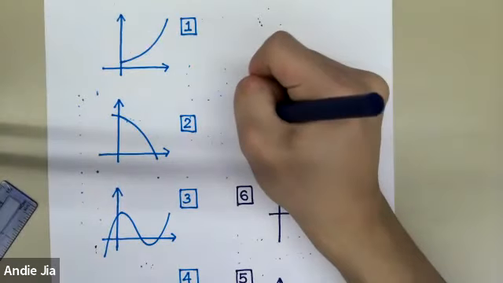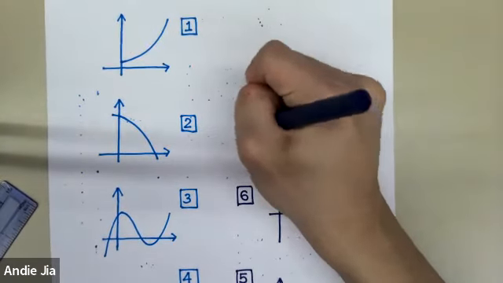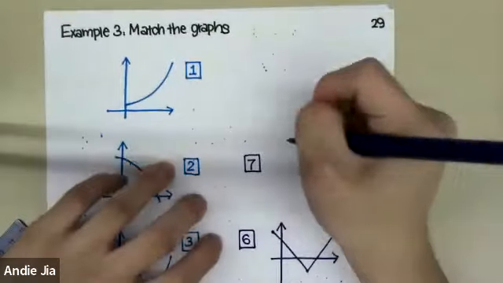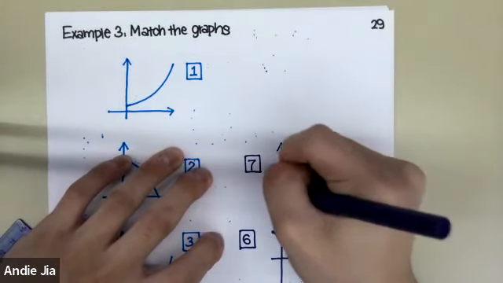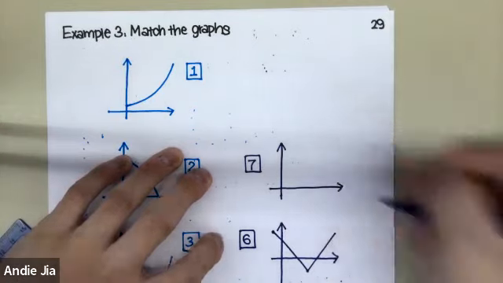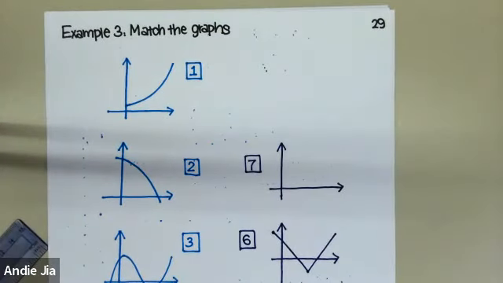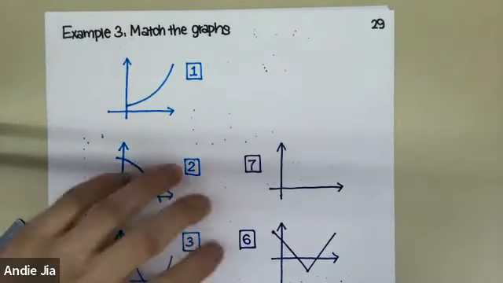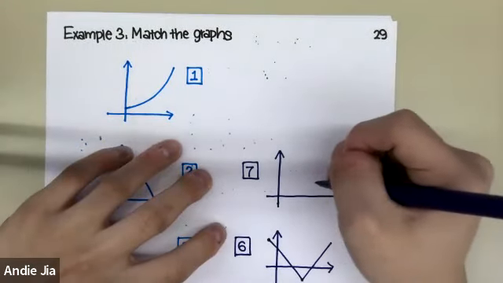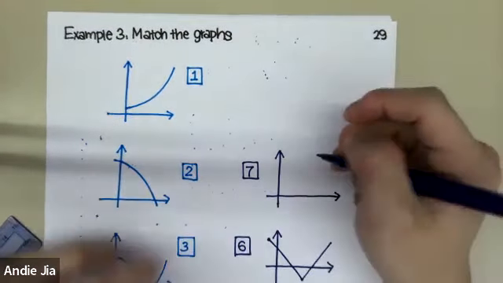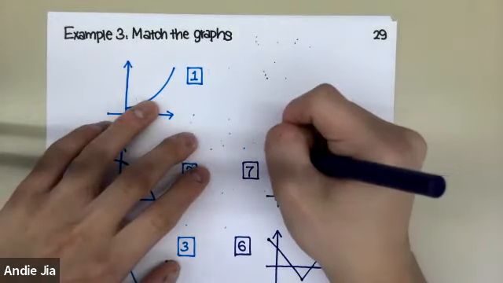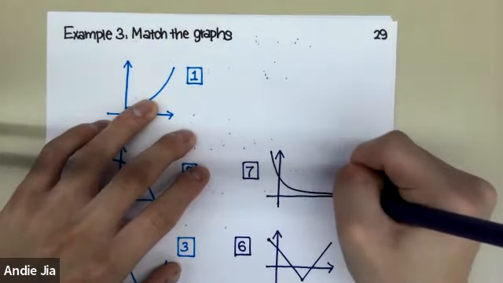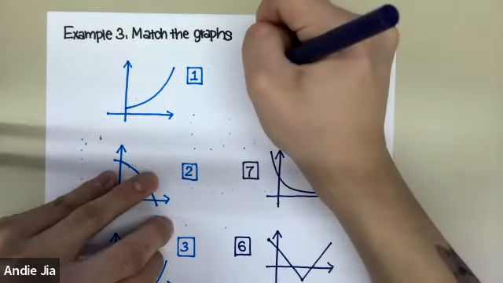Number seven, just increasing, and number eight is the last graph.